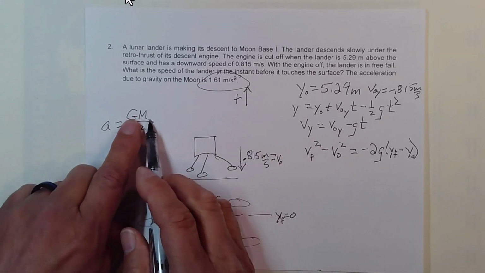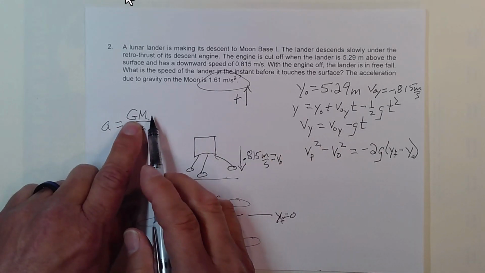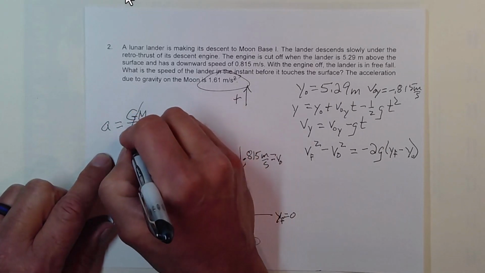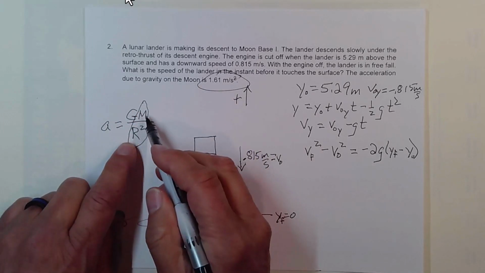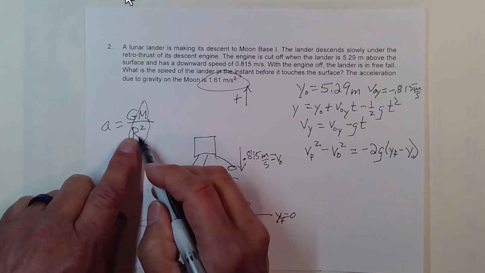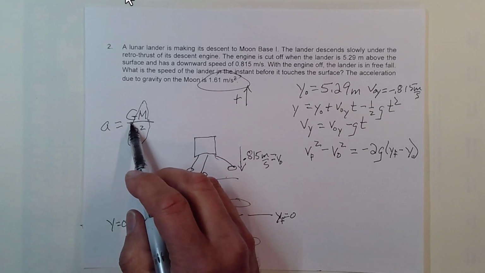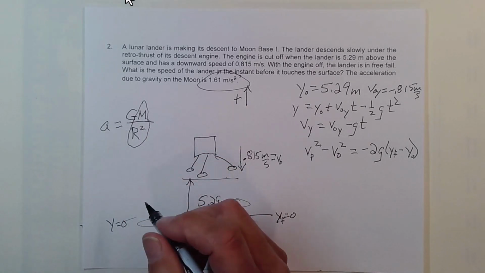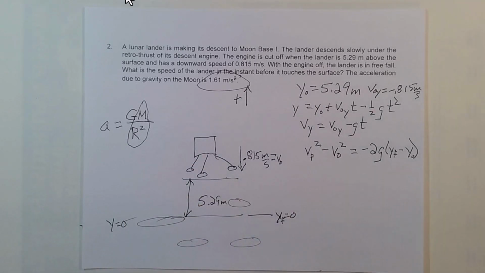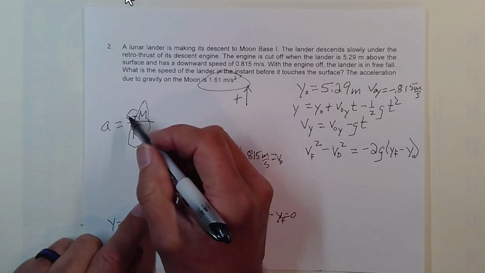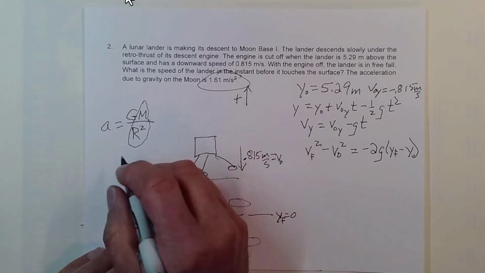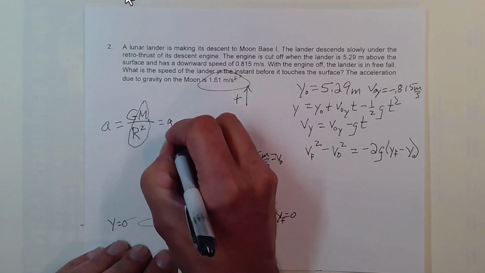The moon has a much smaller mass than the Earth does, and what actually determines the acceleration is primarily the mass to radius squared number. And capital G is something called the universal gravitational constant. It's good on the moon, on Mars, on Earth, on Venus. So that's how you can figure that out, and that's where little g comes from.